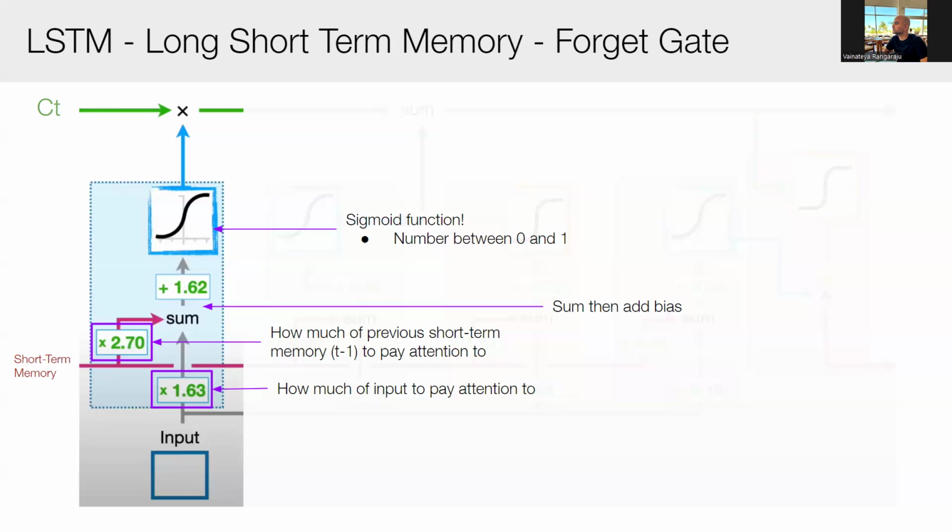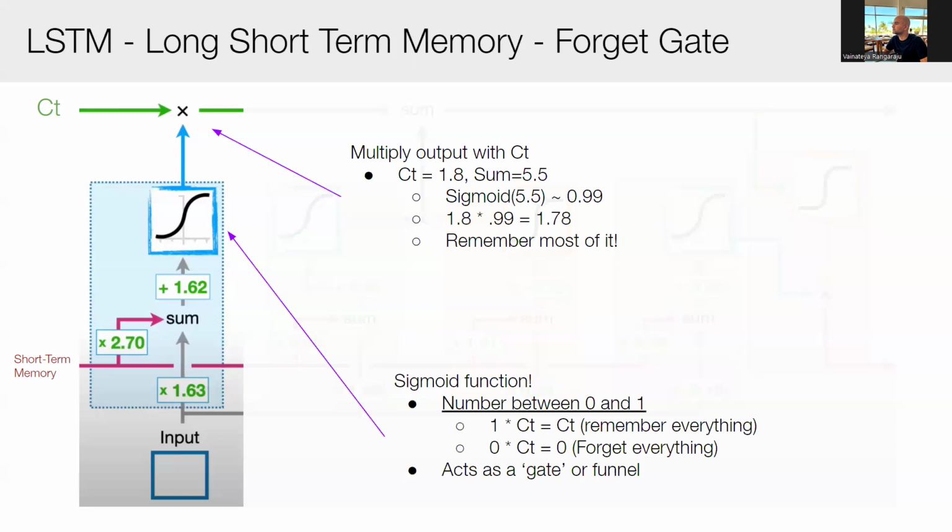Now we're going to connect this to our long-term memory. By passing through sigmoid, let's say our sigmoid outputs something like 0.5, for example. It maps to some number between 0 and 1. Or in this case, it's 0.99 with the numbers that we currently have.